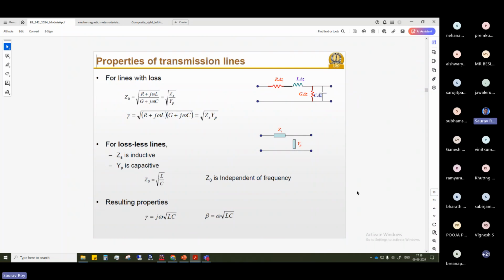Example means, see, all the transmission lines you are using. If you have used a transmission line for your microstrip line section, those are all right-handed only. Right-handed transmission line is whatever you are using. Left-handed is not available. That is why you need a different theory for it.